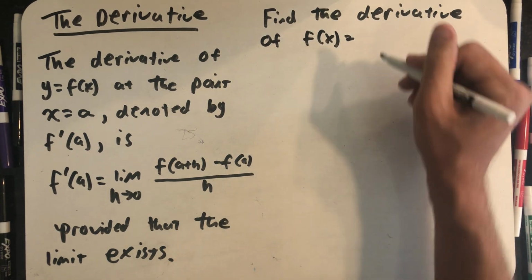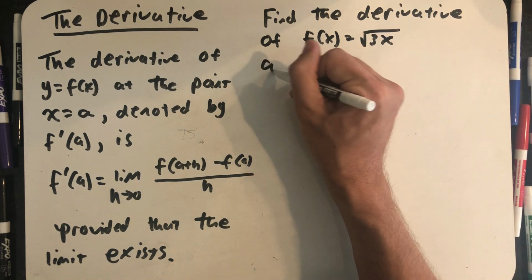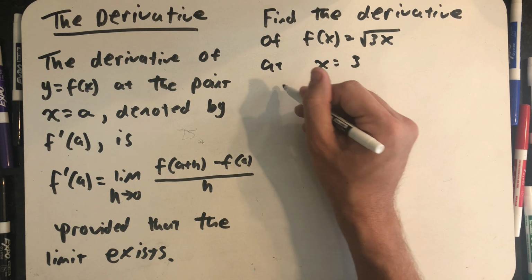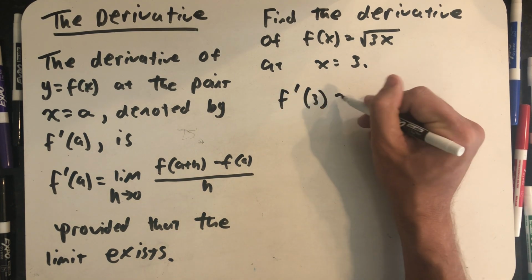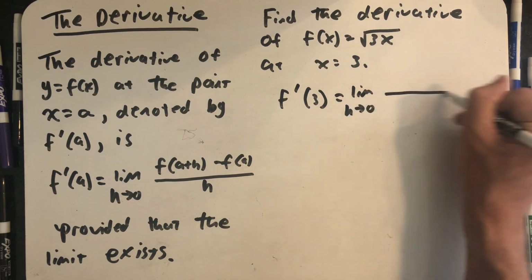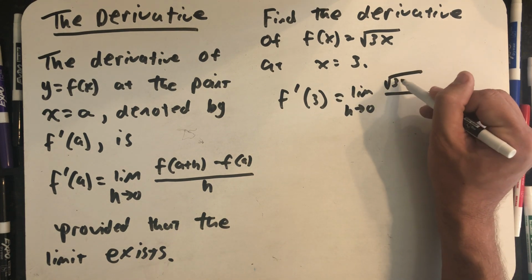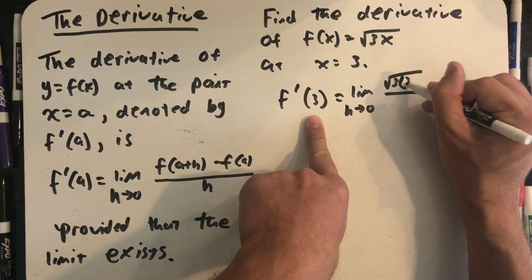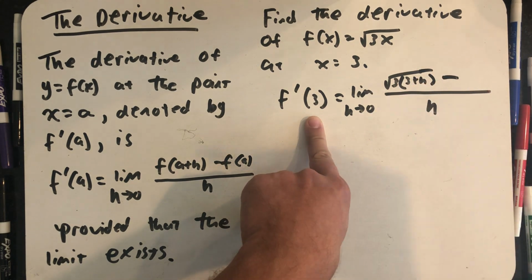So I want to find the derivative of f of x equals the square root of 3x at x equals 3. All right? So notationally, that's f prime of 3, which is going to be equal to the limit as h approaches 0 of, and let's see, the square root of, I need to replace x with 3 plus h, minus f of 3.